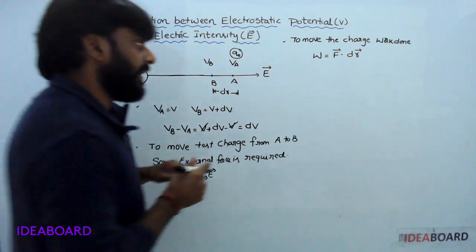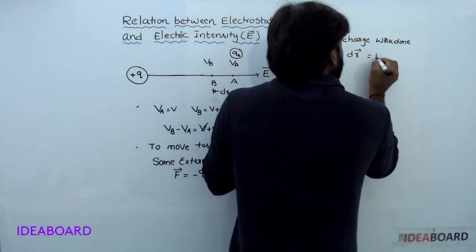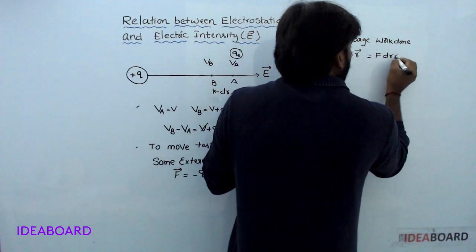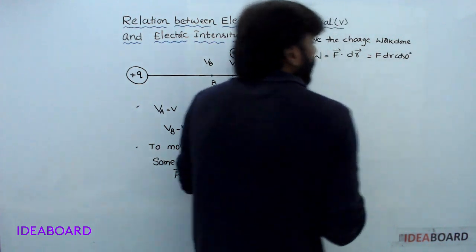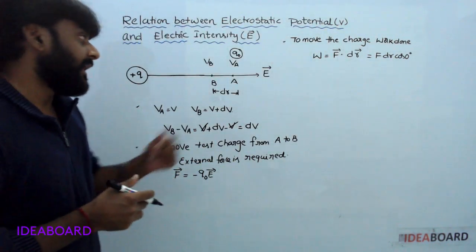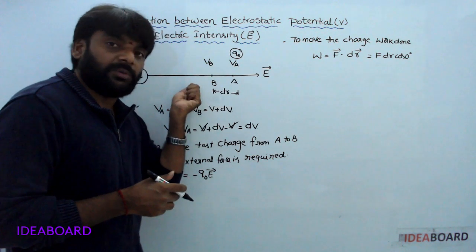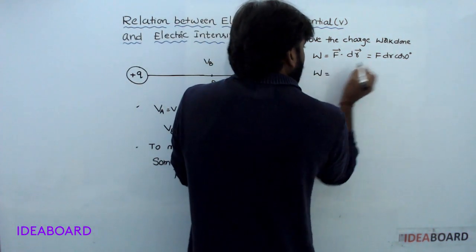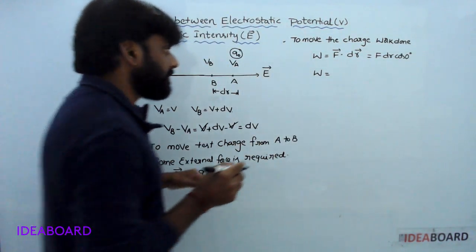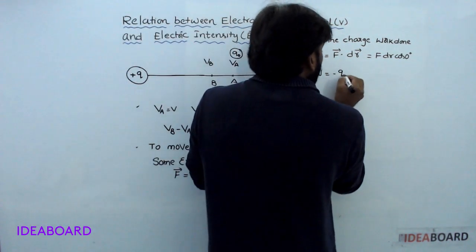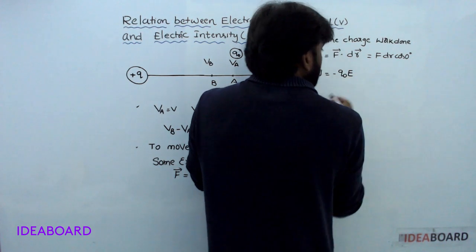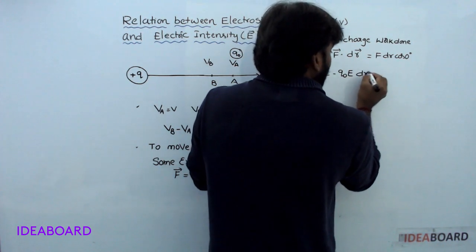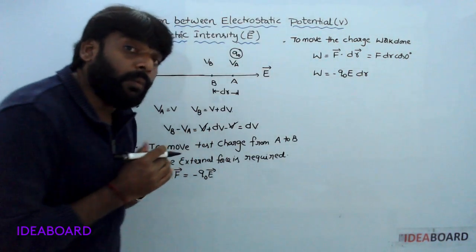It is written as F dr cos 0 degrees. Why 0 degrees? Because the applied force and displacement directions are the same. W is equal to F, that is minus Q naught into E, considering magnitude only, into dr cos 0, which is 1.